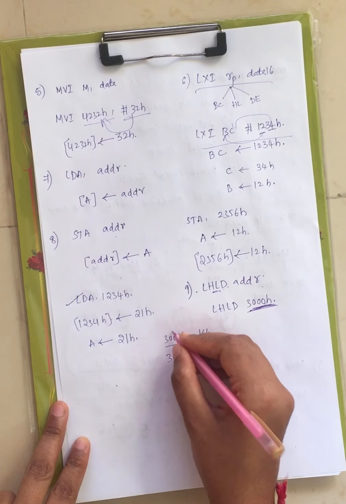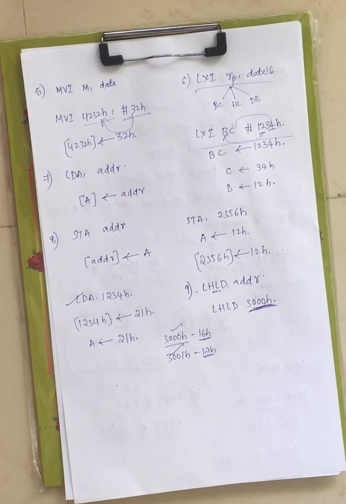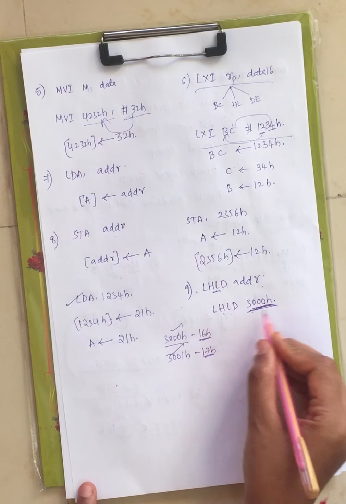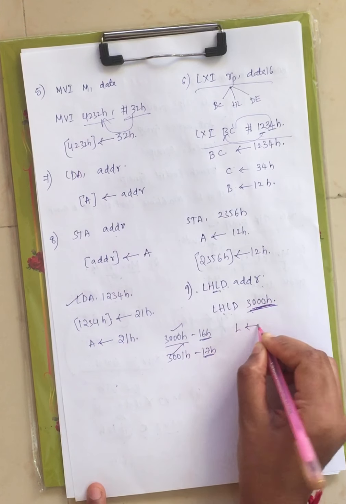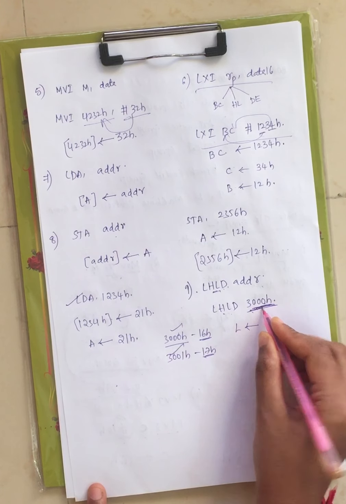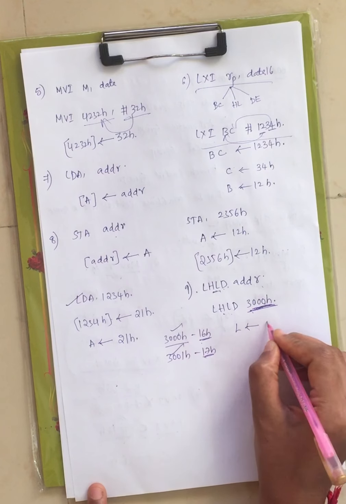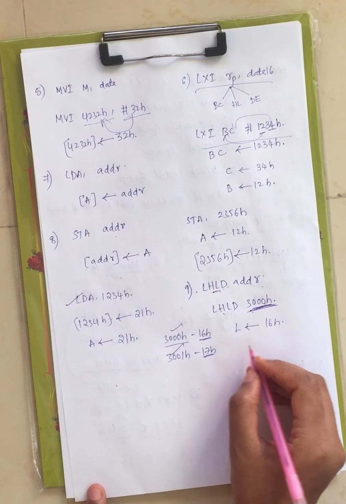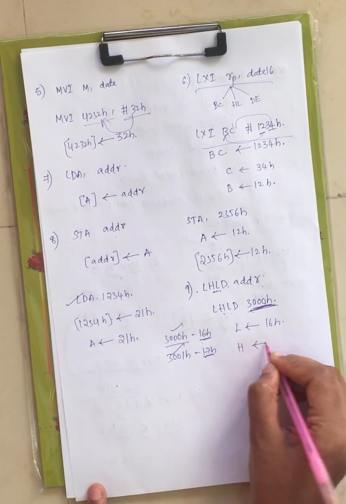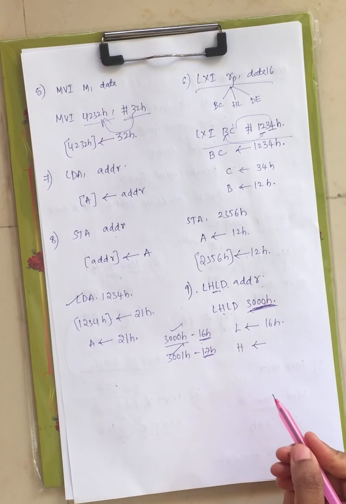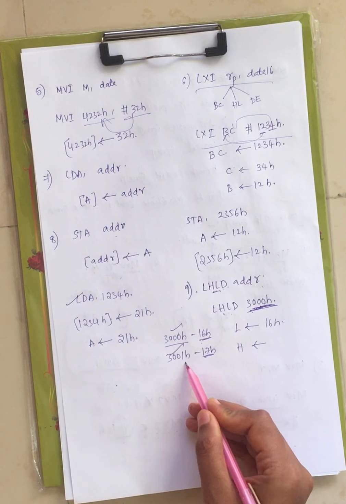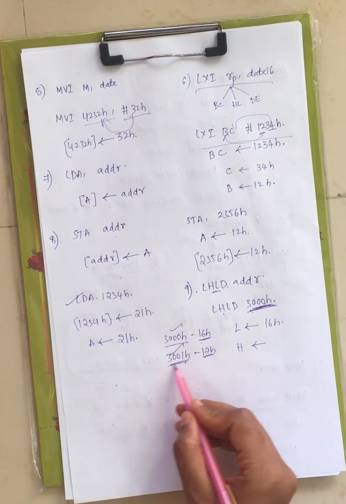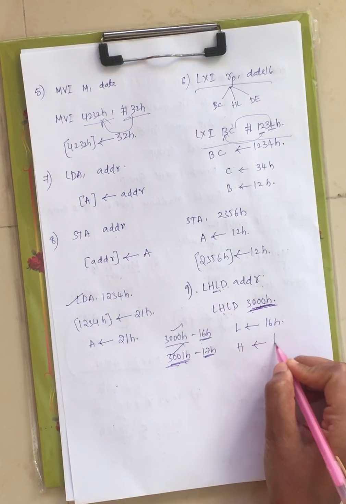This is data and this is the memory location, right? Now LHLD 3000H indicates that L is loaded with the contents of 3000H. What are the contents of 3000H? 16H, right? Now H will load the contents of the address incremented by 1. 3000 plus 1, what is it? 3001.